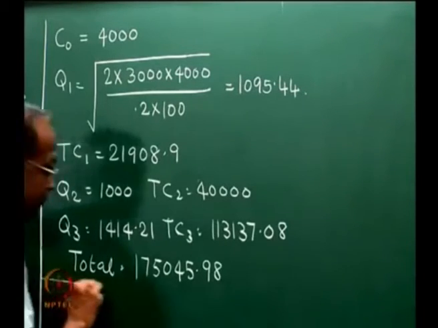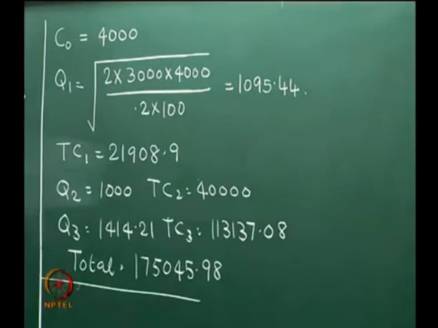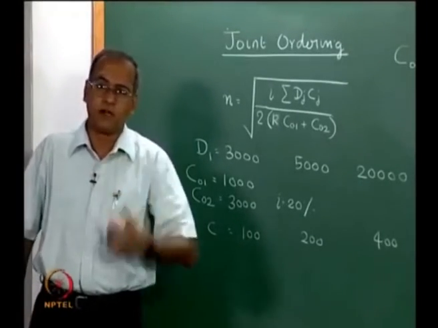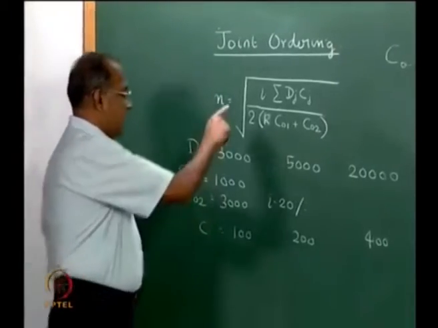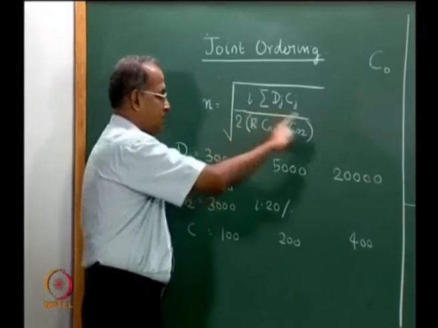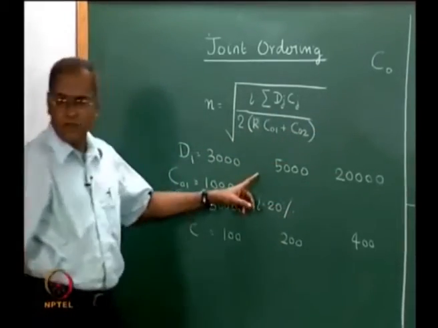Now, if we apply this formula and assume that they can be ordered jointly and there is a saving on the truck cost, applying this formula for k equal to 3, the rest of the values are known here.